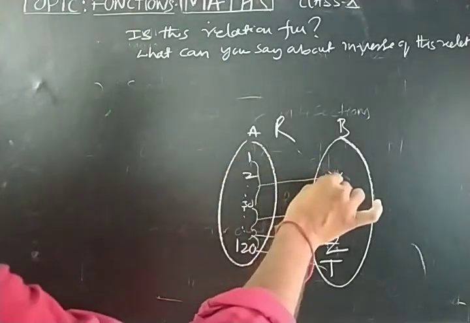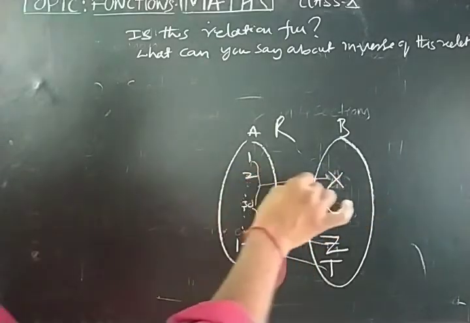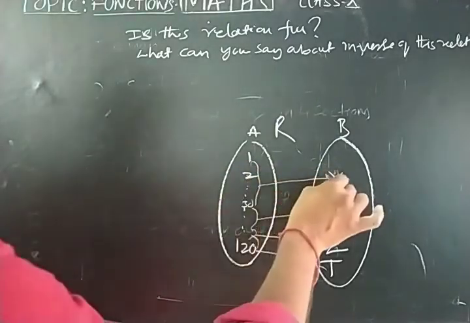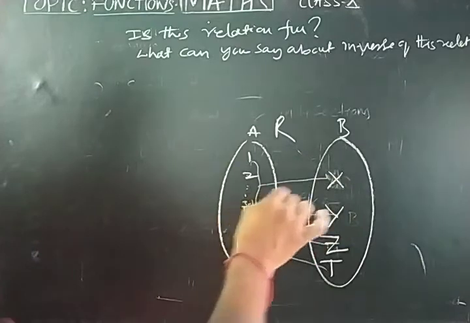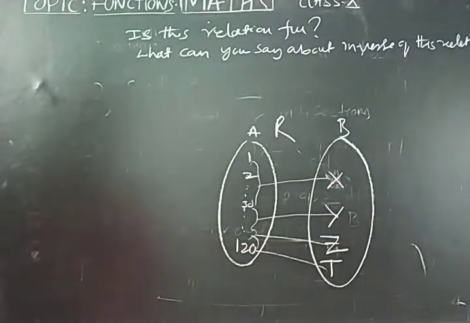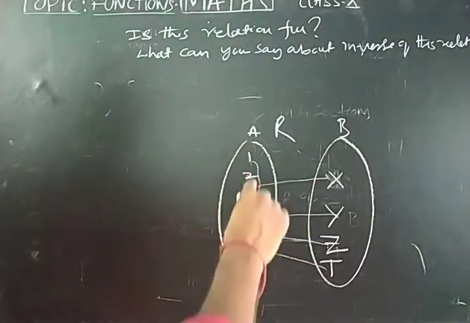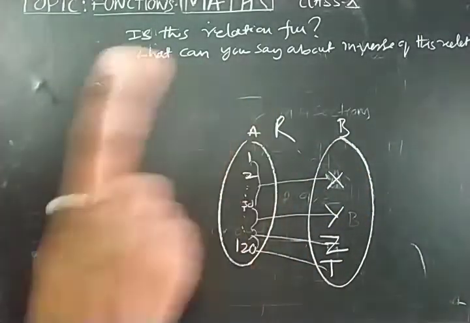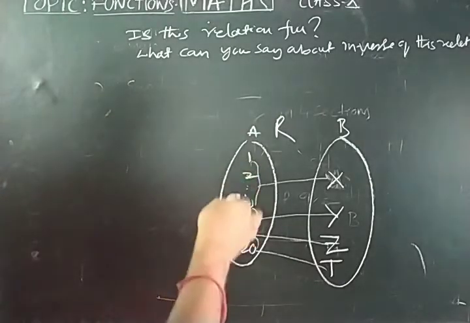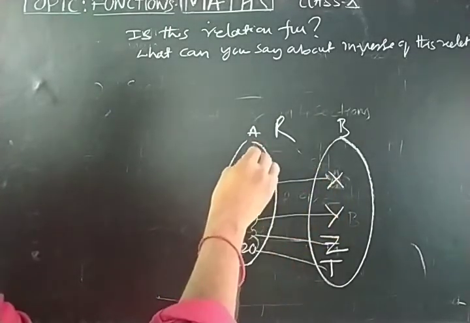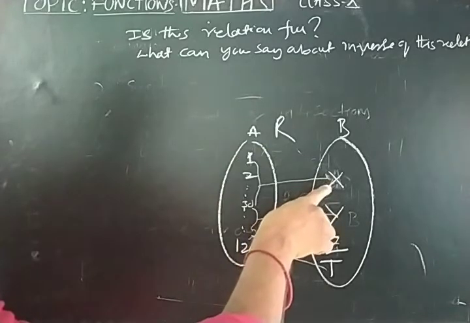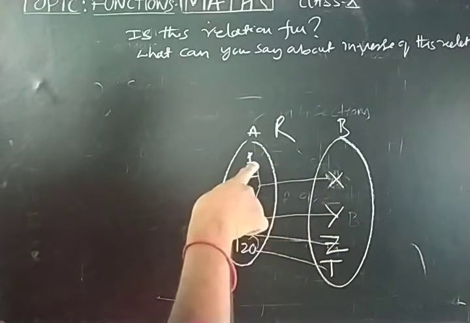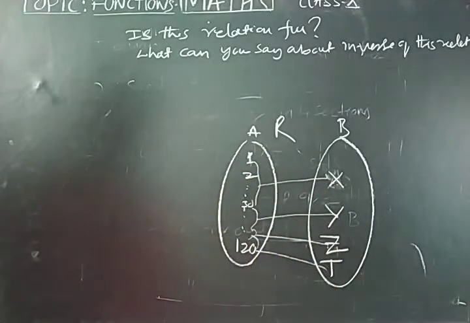See, student 1 is related with section X, 2 is related with section X, 3 is related with section X, up to 30 students also related to section X. So every student is related uniquely to only one section. If the first student is a student of the first section, he cannot be a student of the second section.